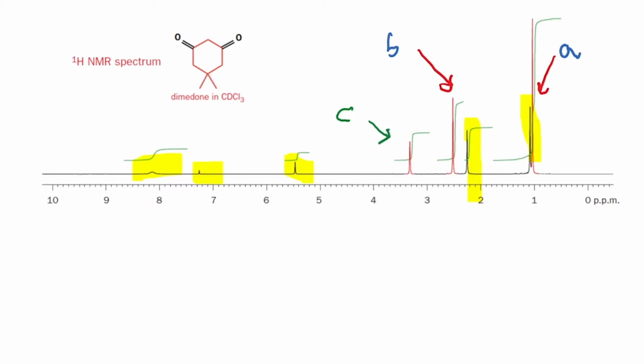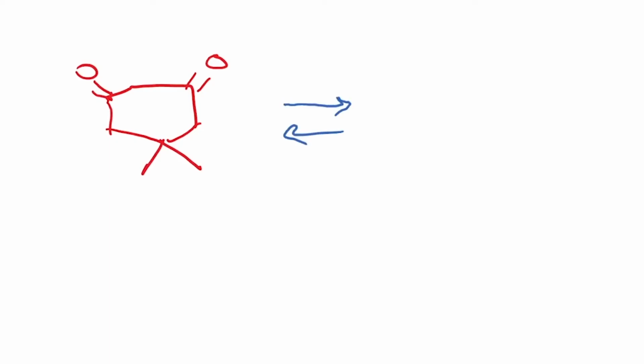In order to understand this, let me draw out one possibility. You have dimedone, whose structure is as shown here: C double bond O, C double bond O, methyl, methyl. Since this is a keto form, it is possible that enolization can occur. This is a phenomenon that you have already studied in maybe 12th standard or so.